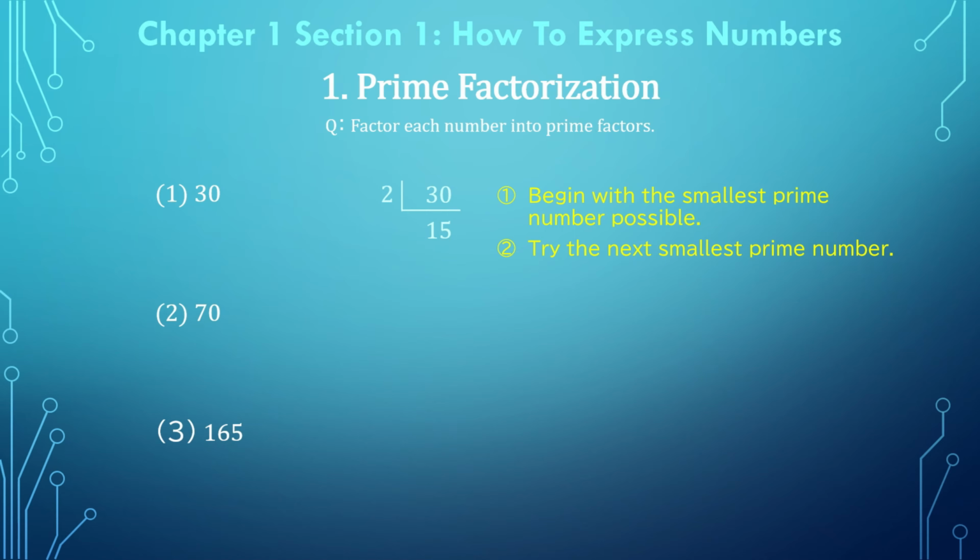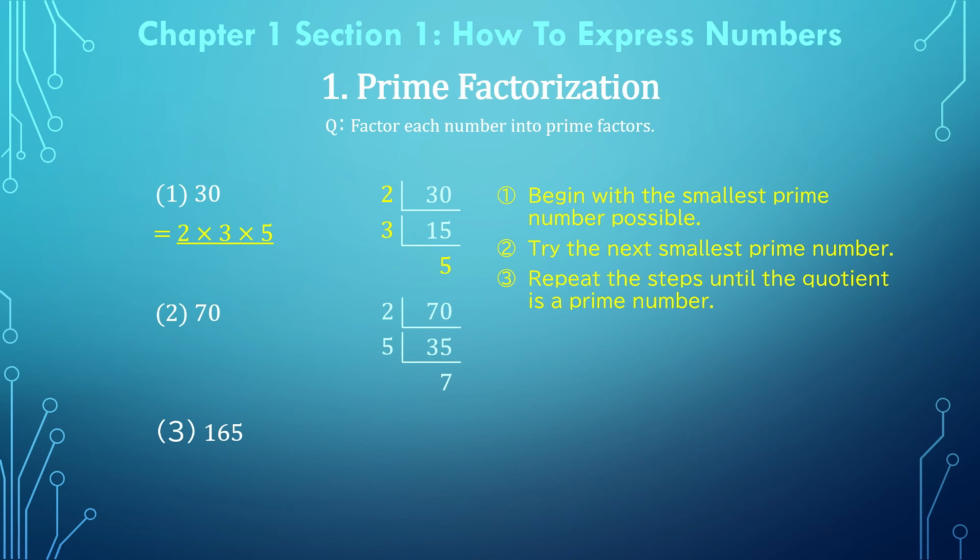When you see 15, you might come up with 5, which is okay as a calculation, but mathematically, it is better to arrange numbers in ascending order. So let's write 3 here, and you get 5 as a quotient. You repeat the steps until the quotient is a prime number, but you already have it. So the answer is 2 times 3 times 5. The other ones can be easily solved this way.